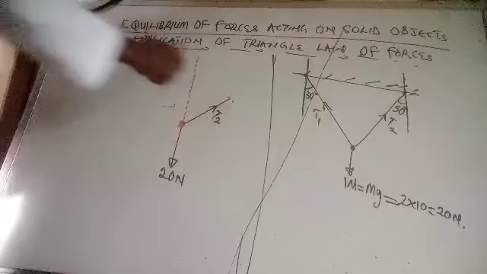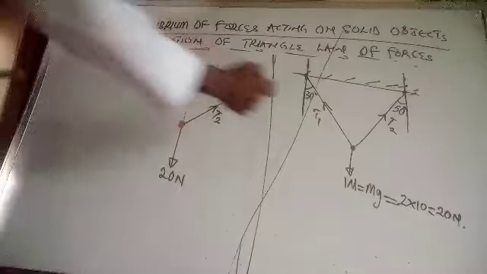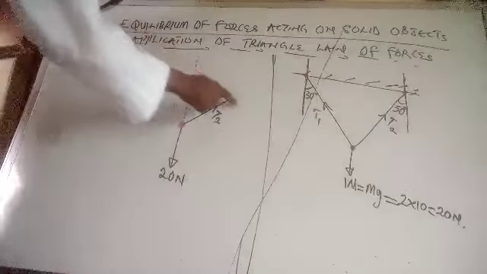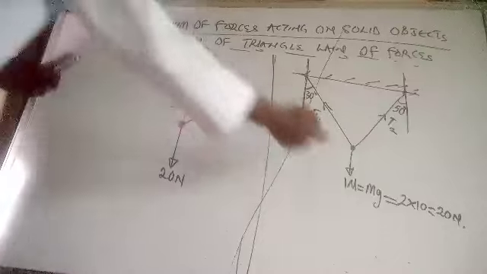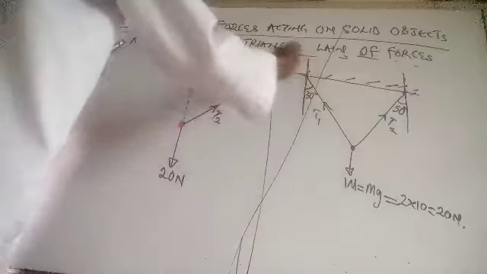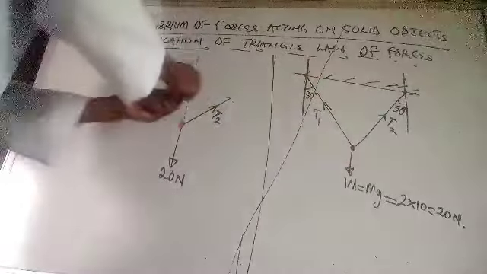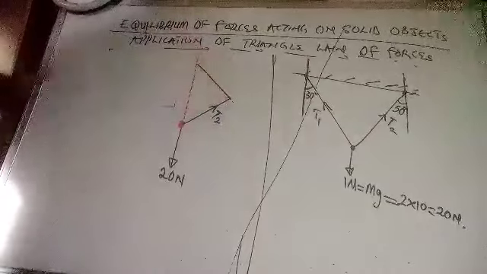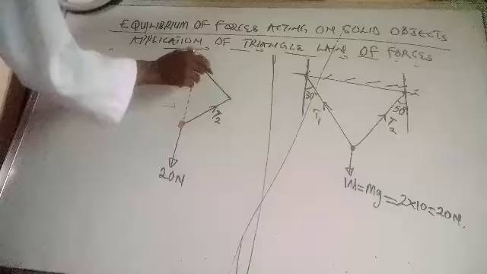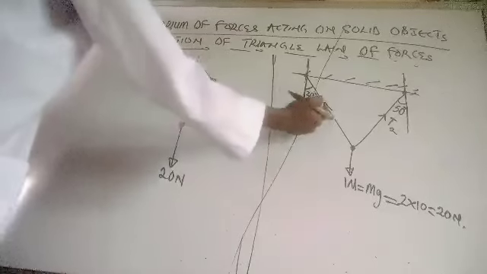Now to form T1, I will come to the end of this T2 and draw another line that will be parallel to the direction of this T1. Since T1 goes this way, I will have to do something like this. Can you see? If you look at this direction, it's facing the direction of T1.